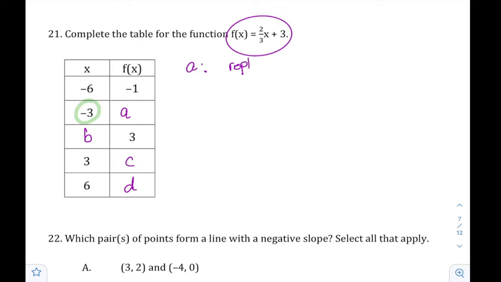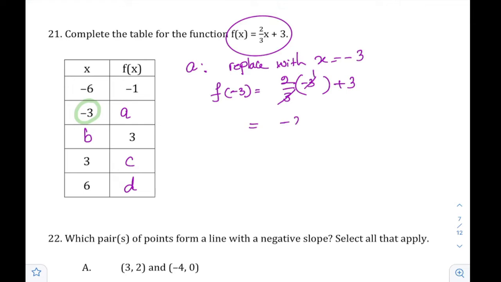So f of -3 is 2/3 times -3. I will take this x and replace it by -3 and evaluate. The calculator can help, but it's easy. Cancel the 3. Now 2 times -1 is -2. -2 plus 3 is 1. So my A here is 1. I will write it here.